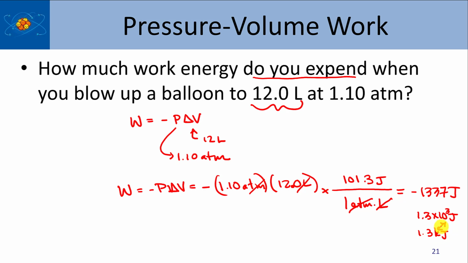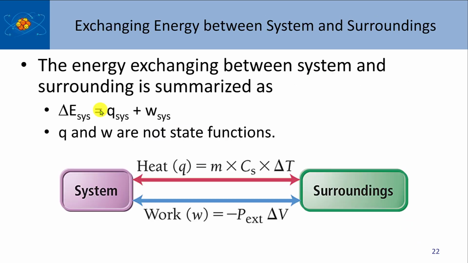That's the amount of energy that you lose when you blow up a big balloon, about 1.3 kilojoules. Again, you're doing the work to expand the volume of air in the balloon by 12 liters, and so you lose that much energy. Oh, sorry, I left the negative signs out down here.